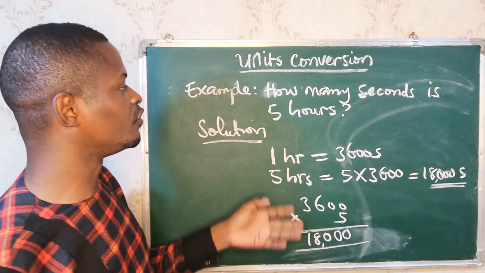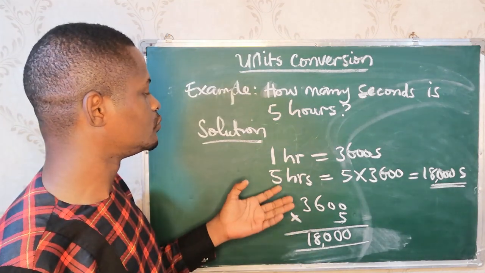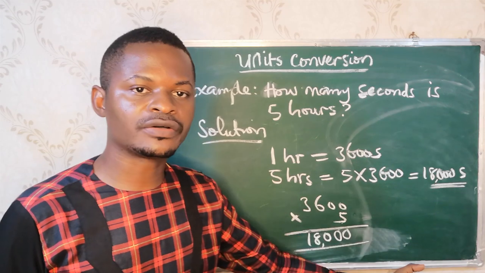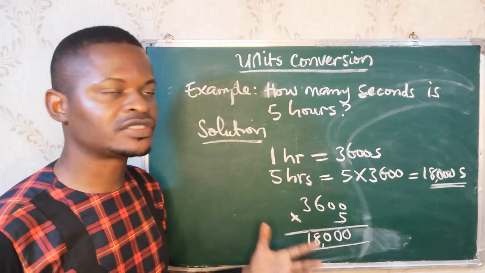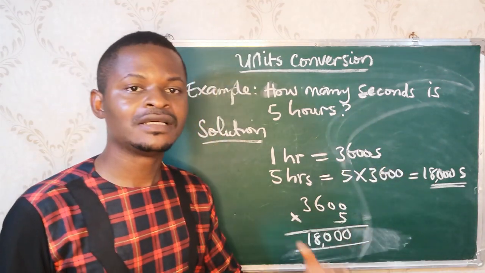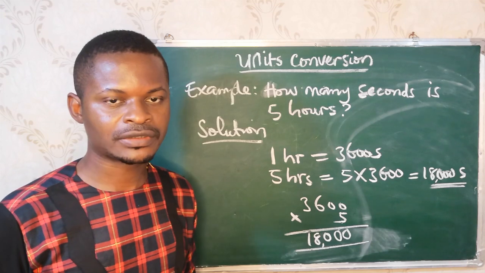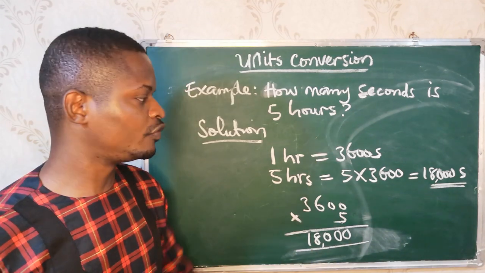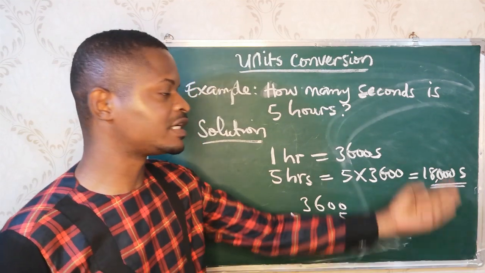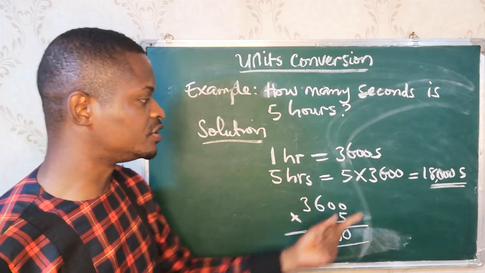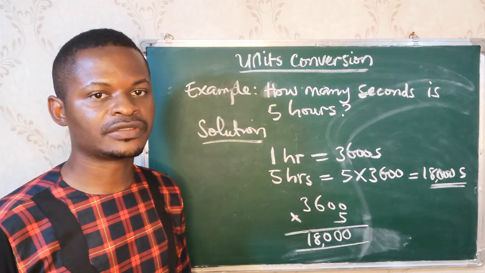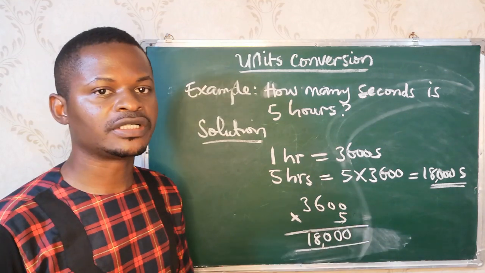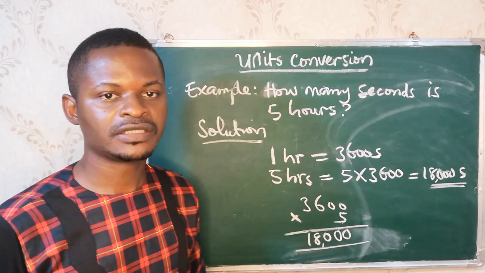So we just successfully converted from hours to seconds. So what you call 5 hours is actually 18,000 seconds. 18,000 seconds is the same as 5 hours. So if you want to convert 18,000 seconds, for instance, to hours, all you need to do is divide by 3,600.